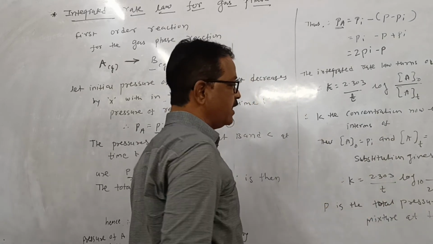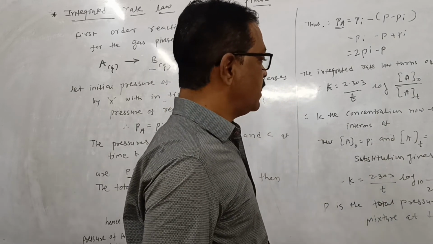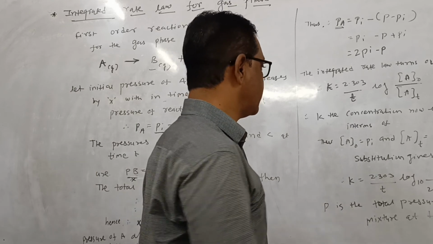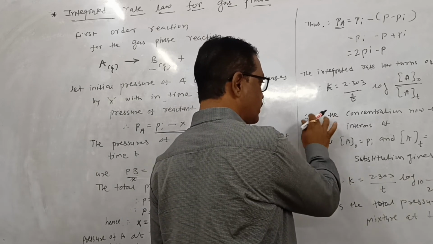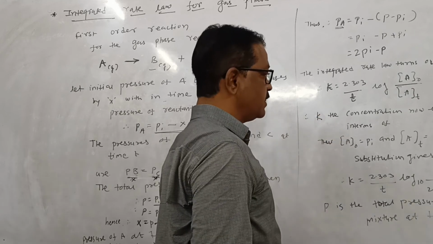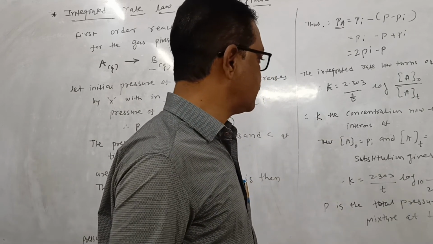Here k means proportionality constant. The concentration is now expressed in terms of pressure.